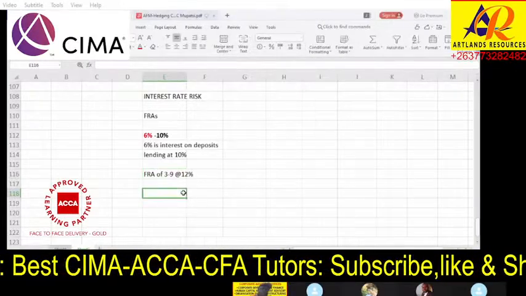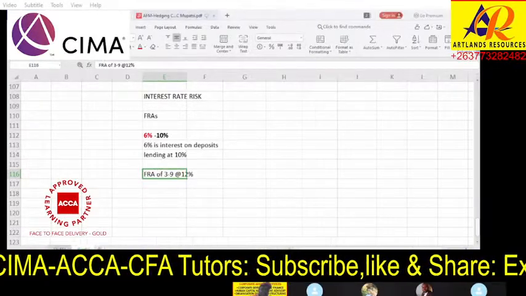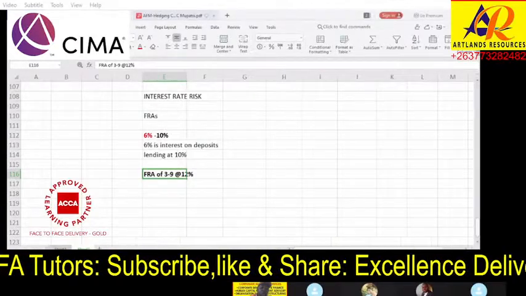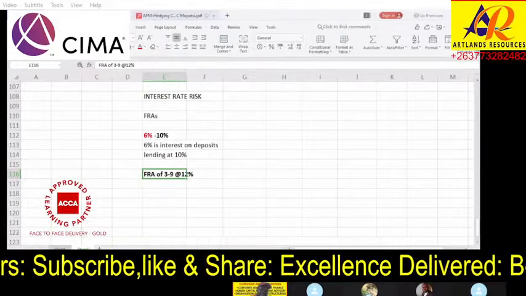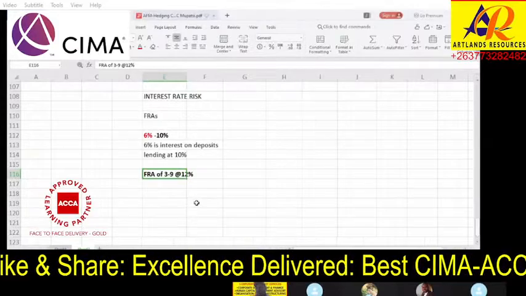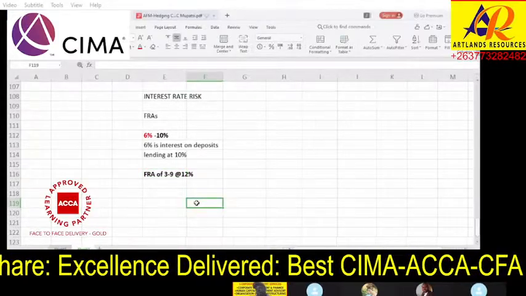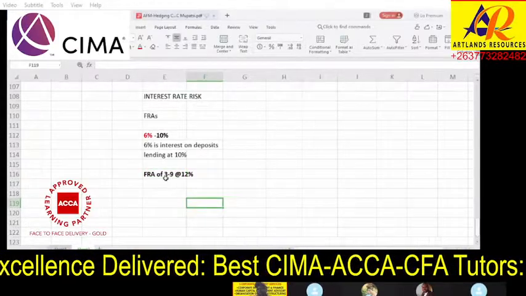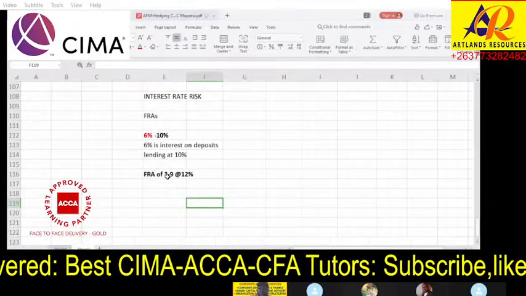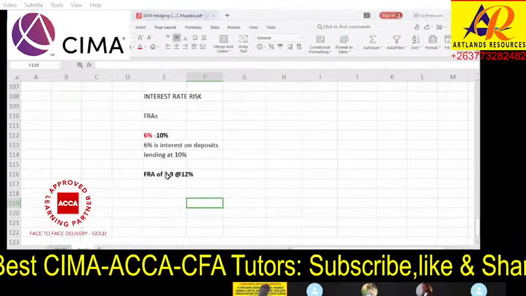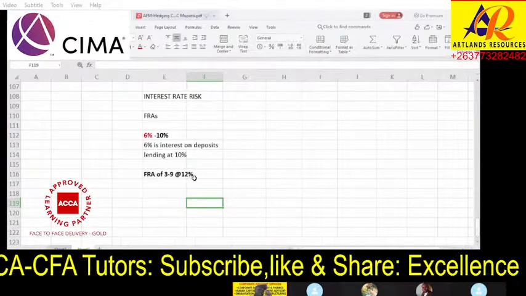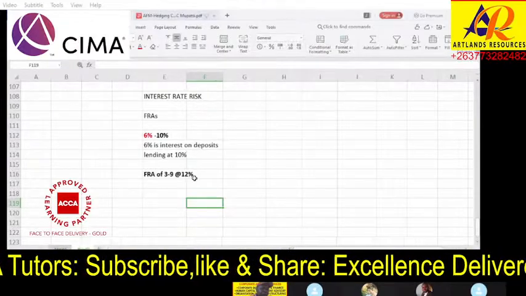What this quotation means is we are going to take a 6-month loan in 3 months' time, and we are fixing a forward rate of 12%. This is a forward quotation. So 3 is the period between now and the time you get the loan. The difference between 9 and 3 is the term or duration of the loan. And the 12% is the forward rate we are fixing, and this is per annum.